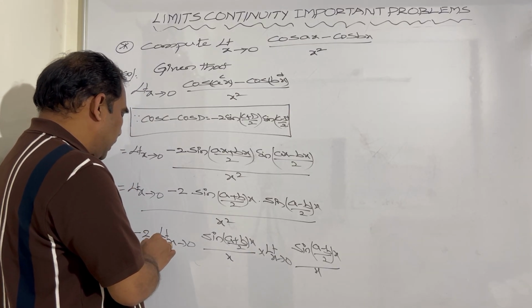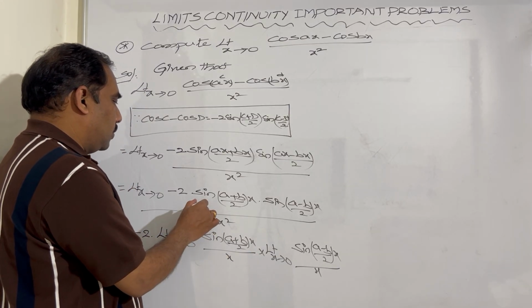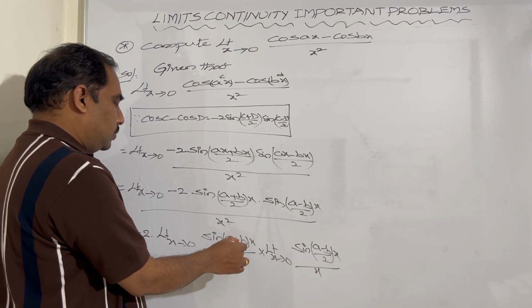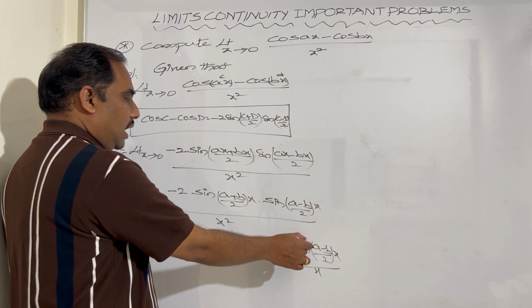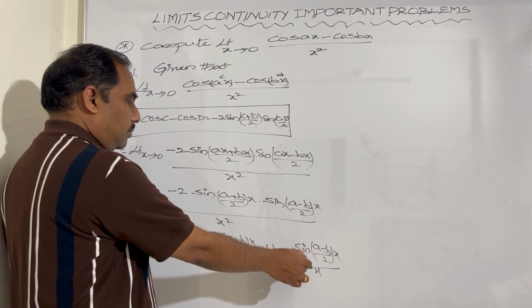Then it becomes minus 2 into the limit as x tends to 0 of sine ((a plus b) by 2) x by x into the limit as x tends to 0 of sine ((a minus b) by 2) x by x.